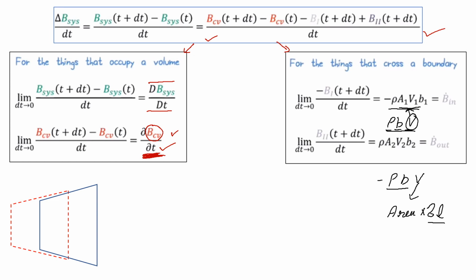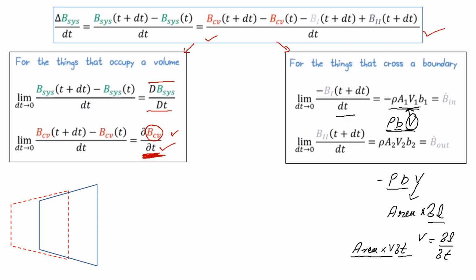That's what I'm going to do, because velocity is our change in length divided by time. So I'll get area into V delta T.